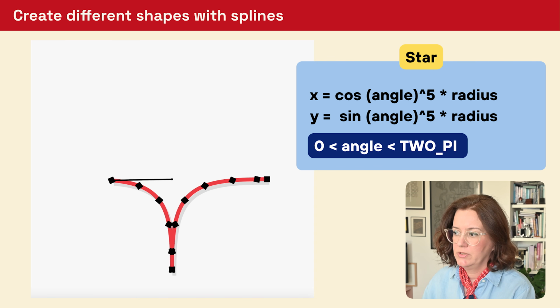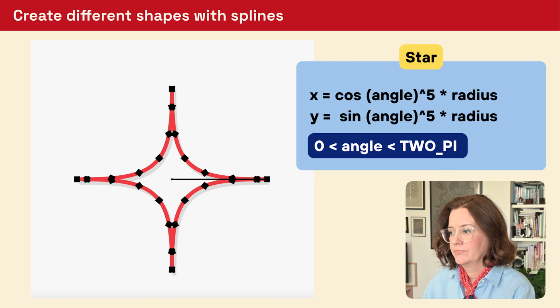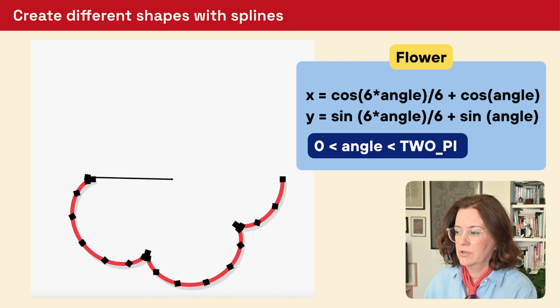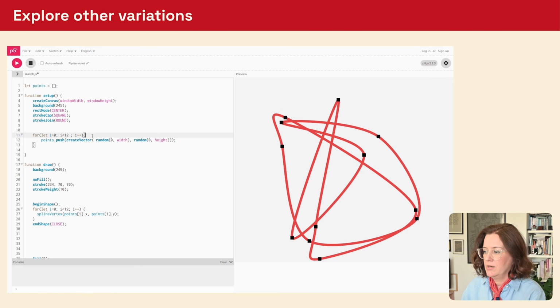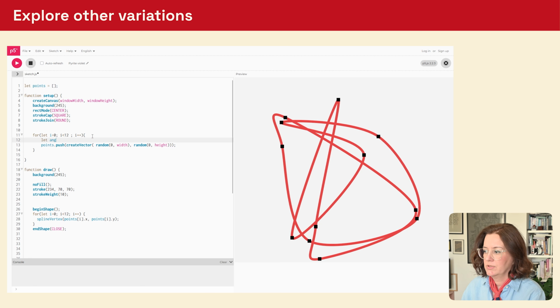Form a 4-pointed star. A shape with few or many petals. Or we can mix a circle with a bit of randomness. For example, let's place points around a circle but vary the distance from the center.